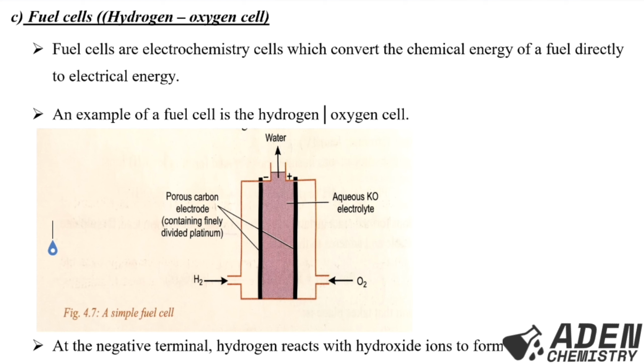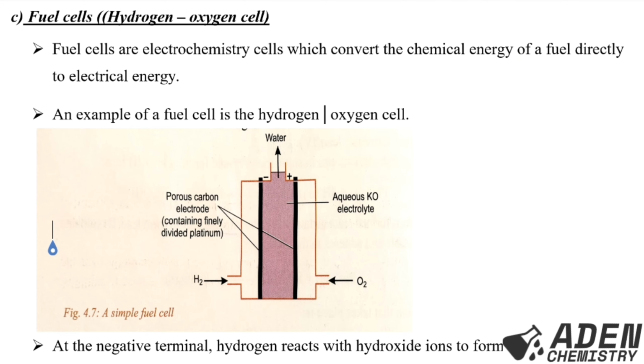Today, with the hydrogen-oxygen cell, we have aqueous potassium hydroxide, or we can even use sodium hydroxide. So this fuel cell involves passing hydrogen and oxygen into aqueous potassium hydroxide via carbon electrodes. Those are the carbon electrodes that we have on these two sides.